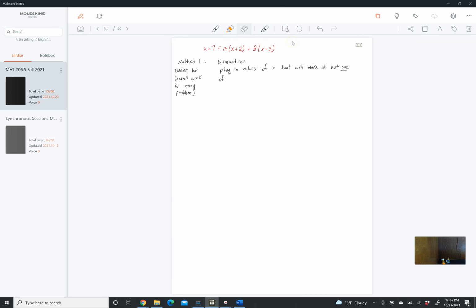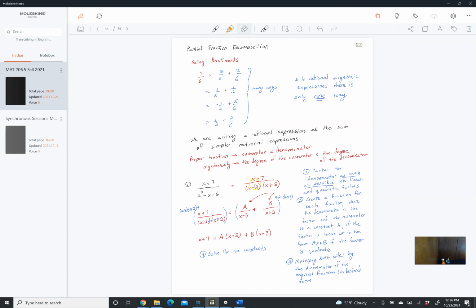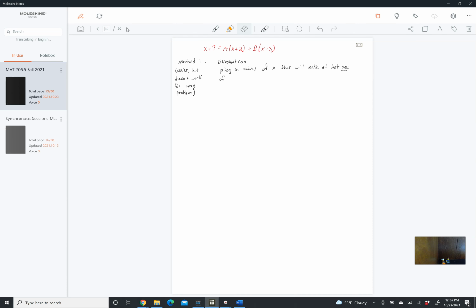There might be some cases where you have a, b, and c. This original fraction only had 2 factors. It's possible that you might have one that has 3 factors. We're not going to get a lot of those in the problems that we do, but it's certainly possible. So all but one of the constants disappear. Then solve for the remaining constants. And you're going to repeat the process until you've found all the constants.